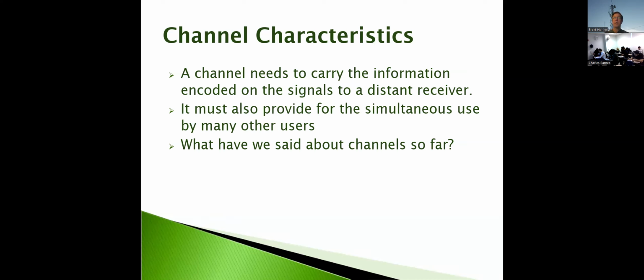Different parts of the spectrum have different pros and cons. So we try to allocate spectrum in a way that makes sense, so that everyone who wants to communicate can at some level. It's up to the regulatory agencies to decide who gets priority, and in a lot of cases, they auction off the spectrum.